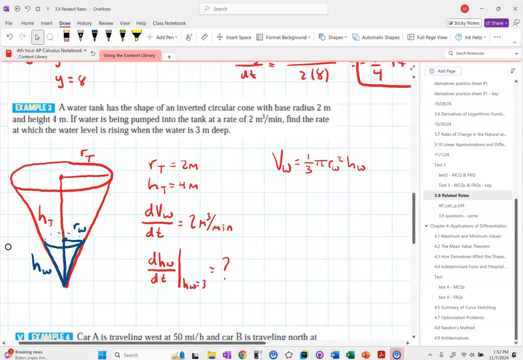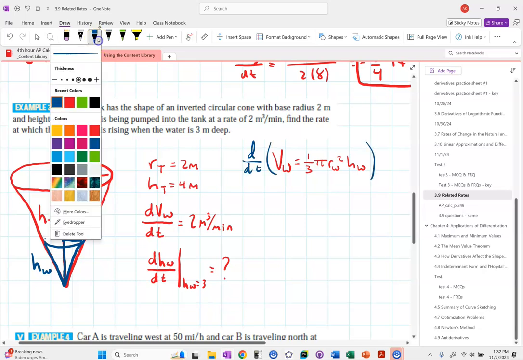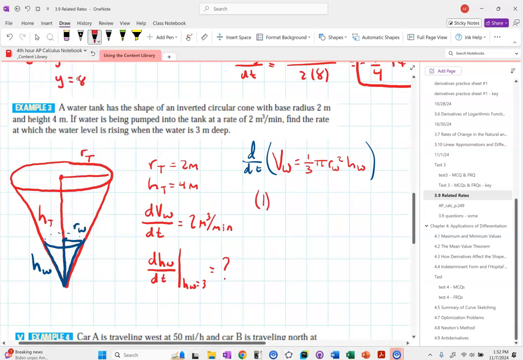Okay. So let's take the derivative of both sides. When I do that, I'm going to get the derivative of VW. Remember, VW is not a constant. That's a variable, right? The volume of water is changing. We keep adding more water into the tank. Then how do I do the derivative of the right-hand side here?